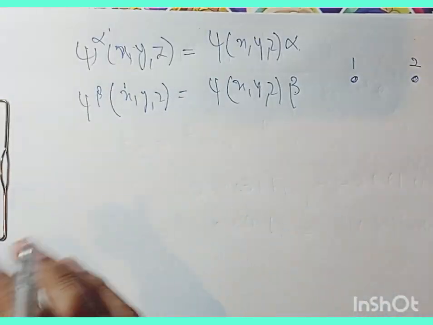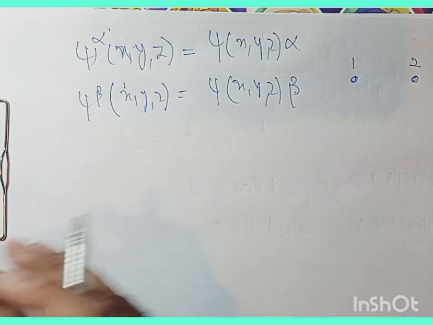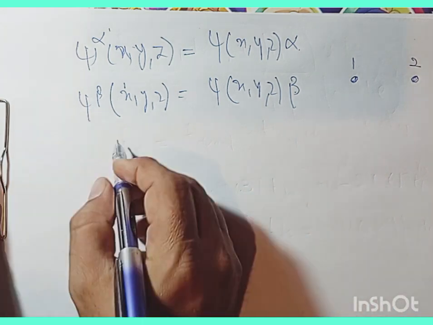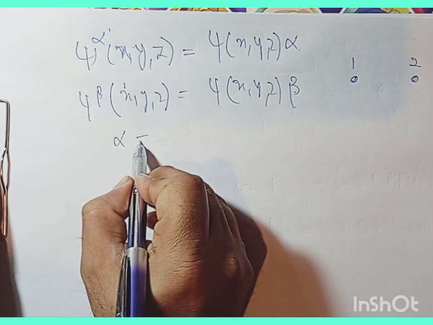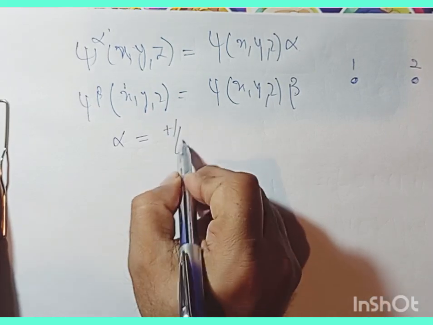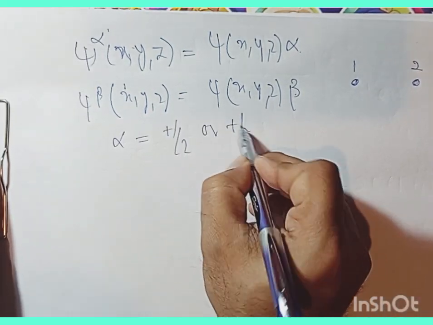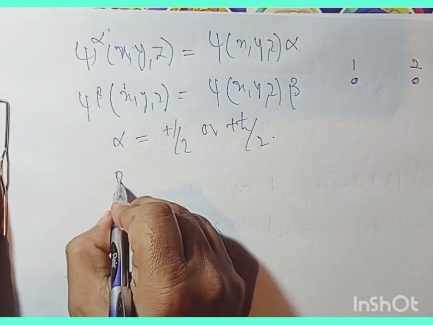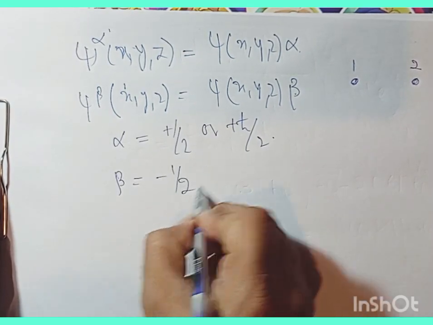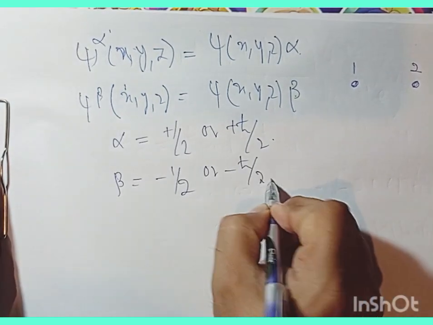So alpha and beta are basically the representatives of the spin of the electron, and we can think of alpha as plus half, or plus h cross by 2, and beta as minus 1 by 2, or minus h cross by 2.